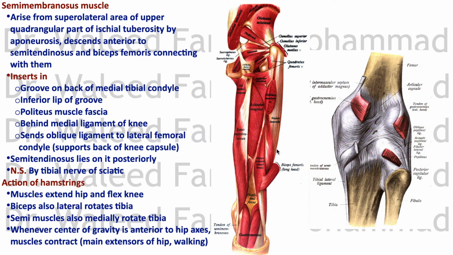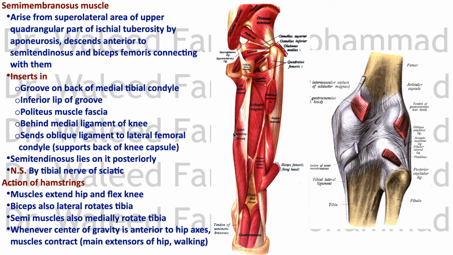Now, the action of the hamstrings: they extend the hip and flex the knee. The biceps also laterally rotates the tibia. The semi-muscles medially rotate the tibia. And whenever the center of gravity is anterior to the hip axis, the hamstrings kick in and take action.